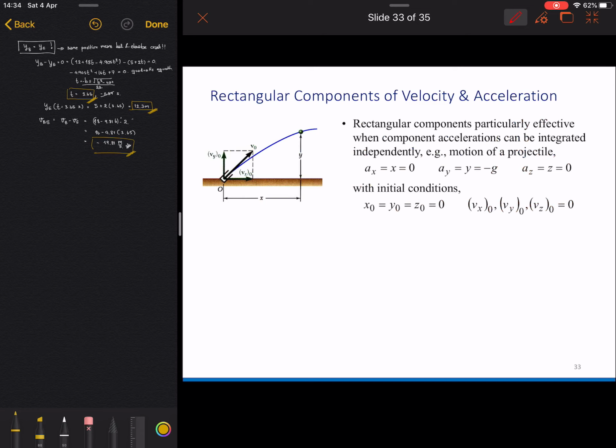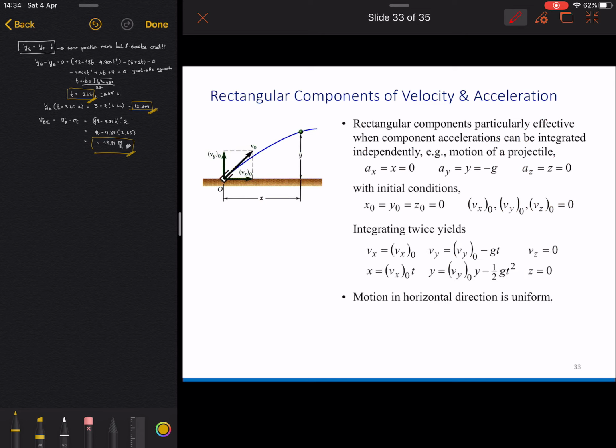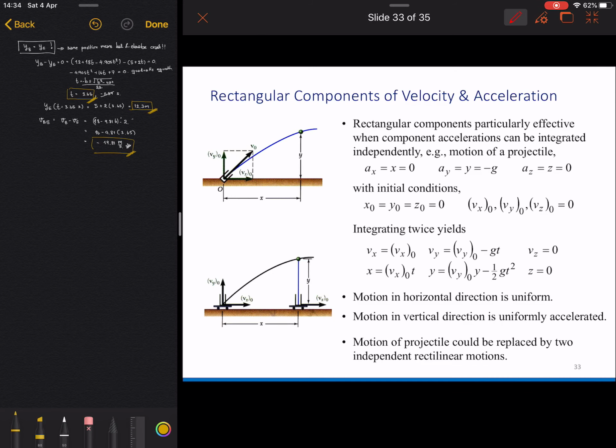Okay, so here is for 2D, and of course most problems in this chapter will be in 2 dimensions, not really 3 dimensions. Okay, and just read through. So rectangular components are particularly effective when the components of acceleration can be integrated independently.